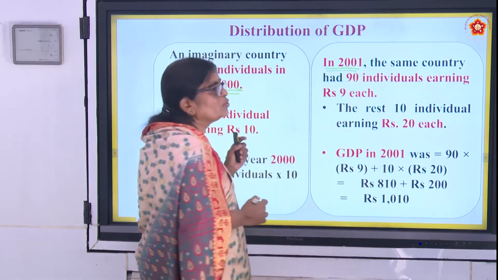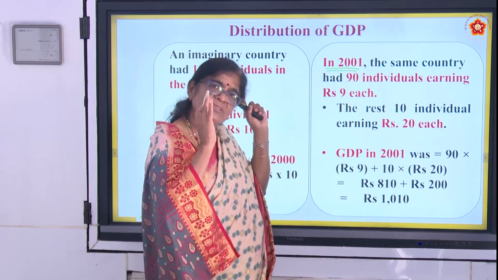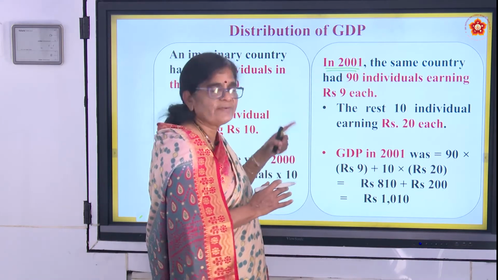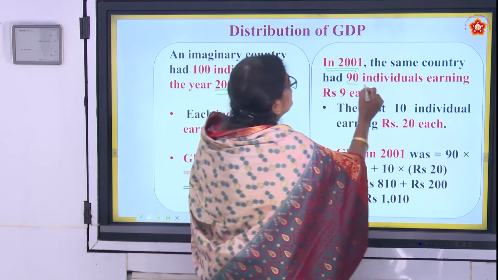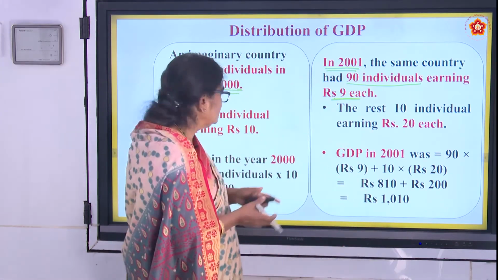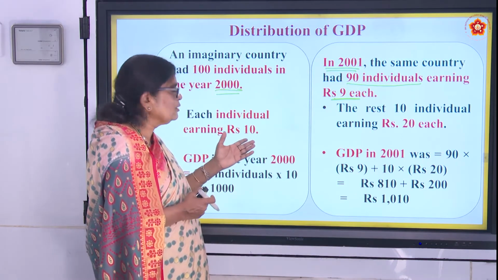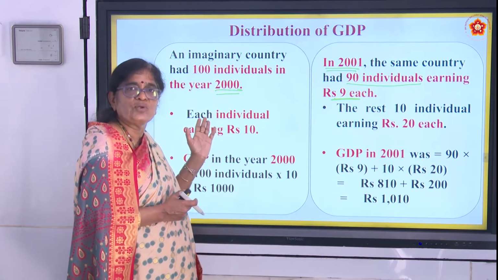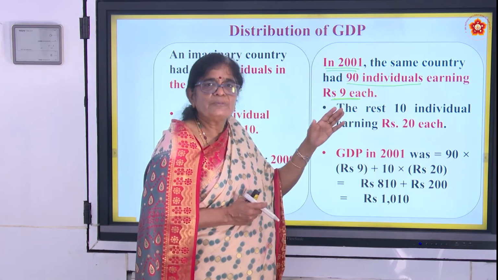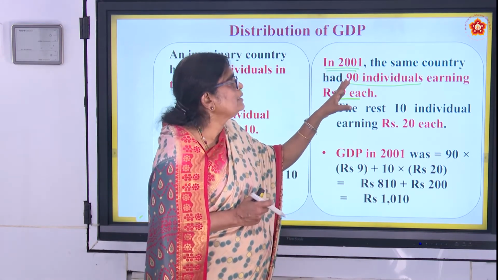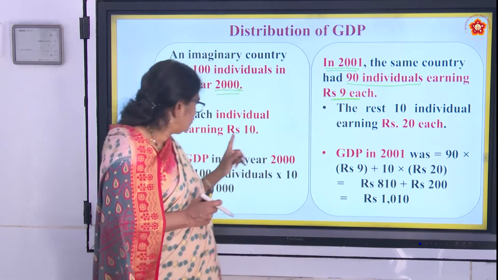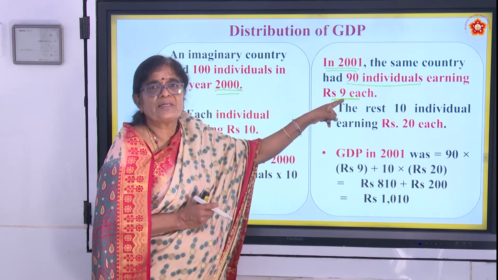What is happening in 2001? Same country with the same population, 100 people. In the year 2000, all 100 earned rupees 10. But in the year 2001, because of some disparities, 90 out of those 100 individuals saw their income decline from 10 rupees to 9 rupees.